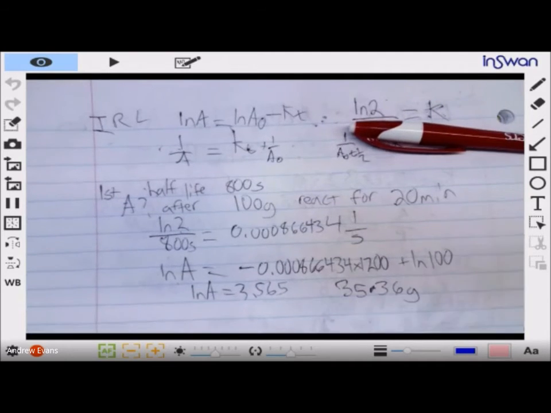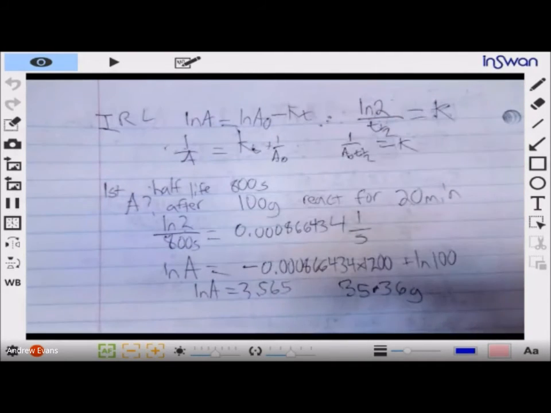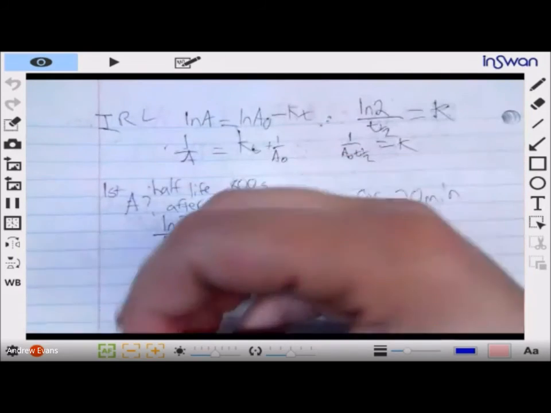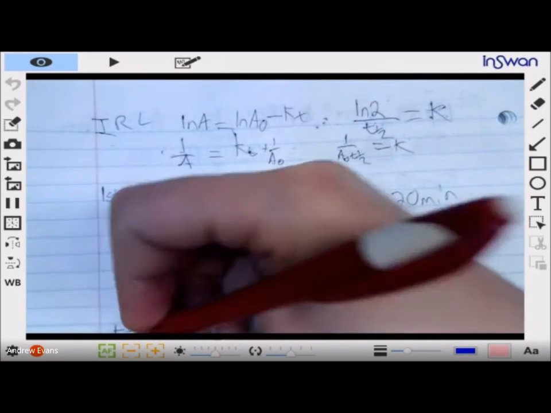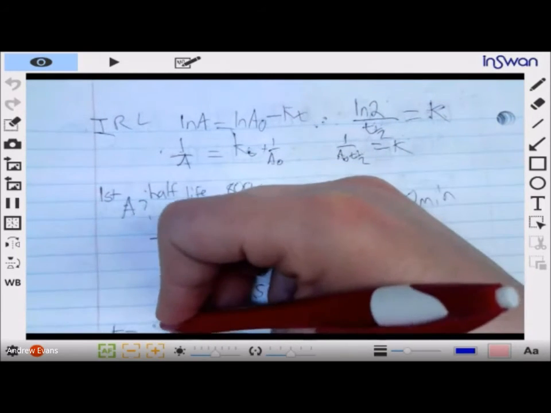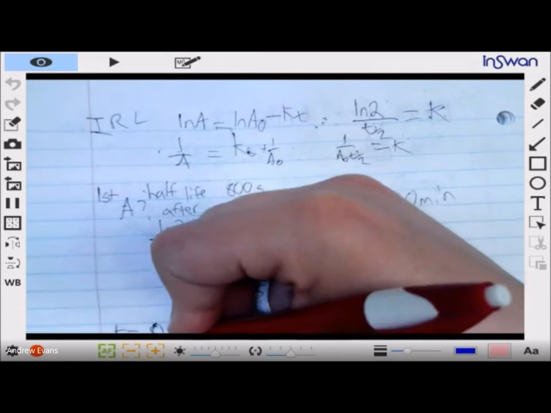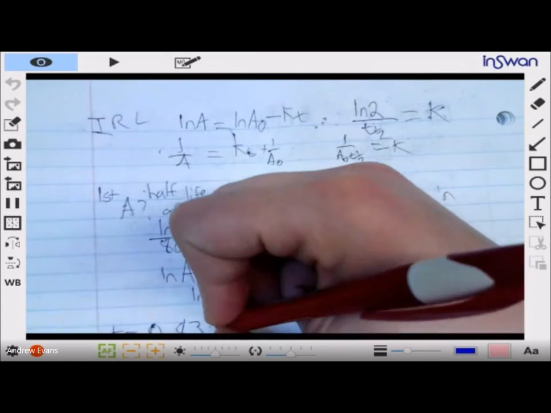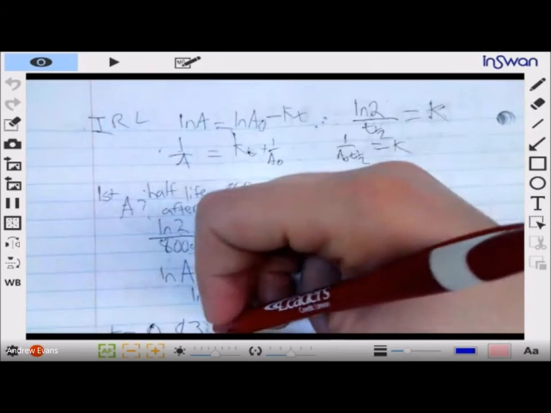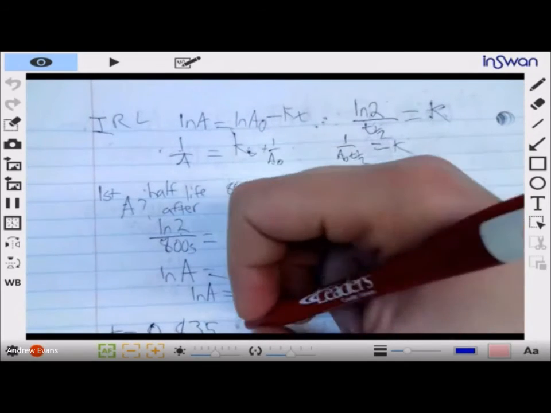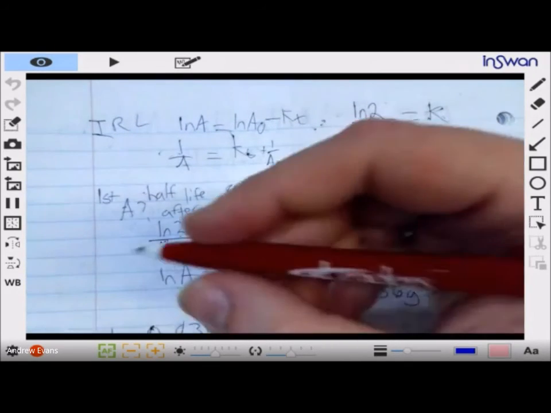Now a second order integrated rate law. I'm going to simplify, and k is 0.835 1 over seconds.